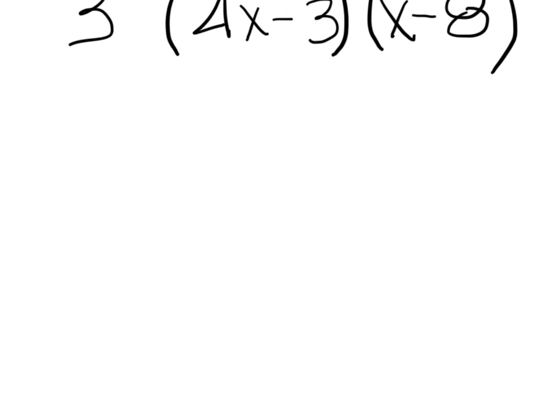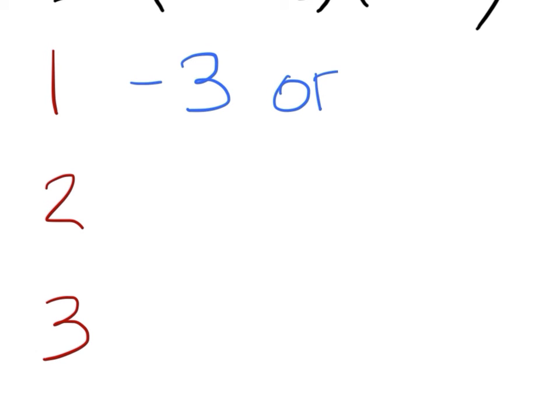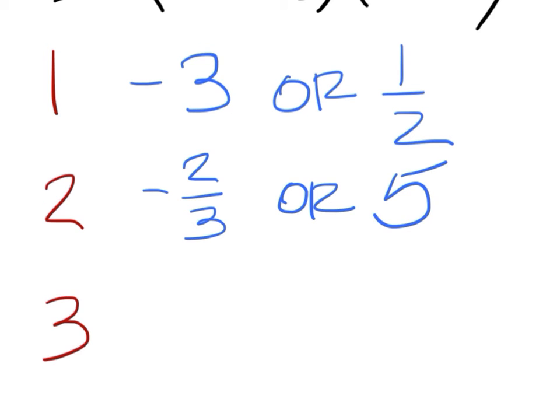The answers you should have for 1, 2, and 3 are the following. Number 1 is going to be negative 3 or 1/2. Number 2 is negative 2/3 or 5. Number 3, the answer should be 3/4 or 8.